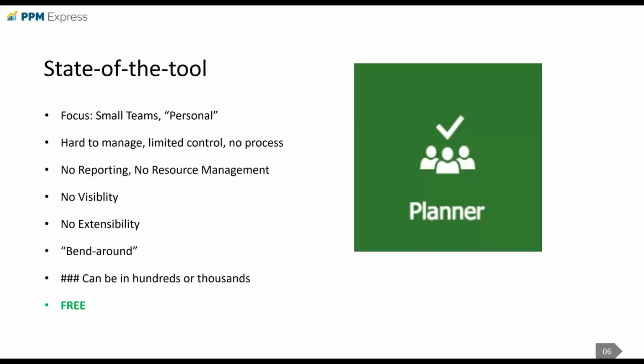It's hardly extensible, but you can get more right now with Power Automate. At least you can manipulate some data, but again, there are some limitations. One of the challenges that we've seen, and it's the same for Microsoft Teams, is that over time you can have thousands of Office 365 groups with plans in them, and it becomes a nightmare to manage.